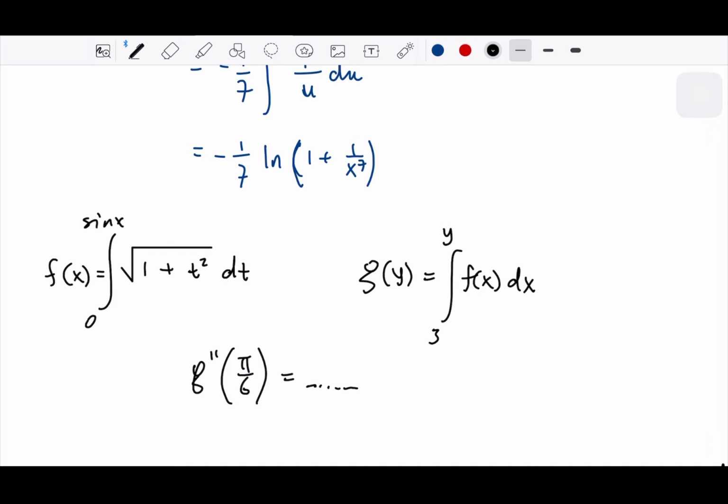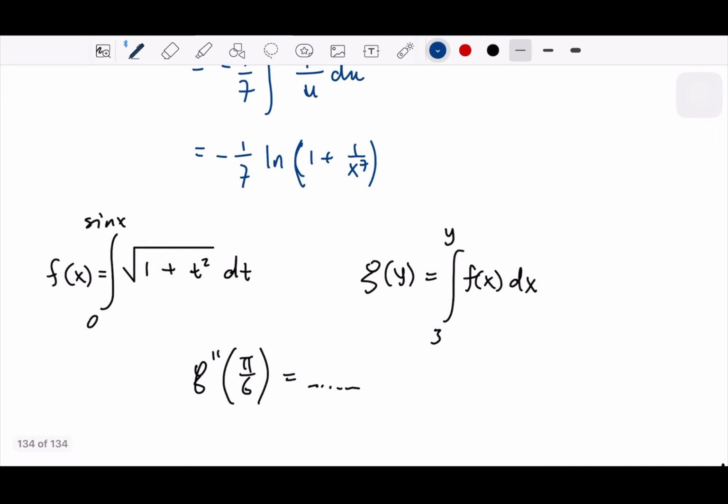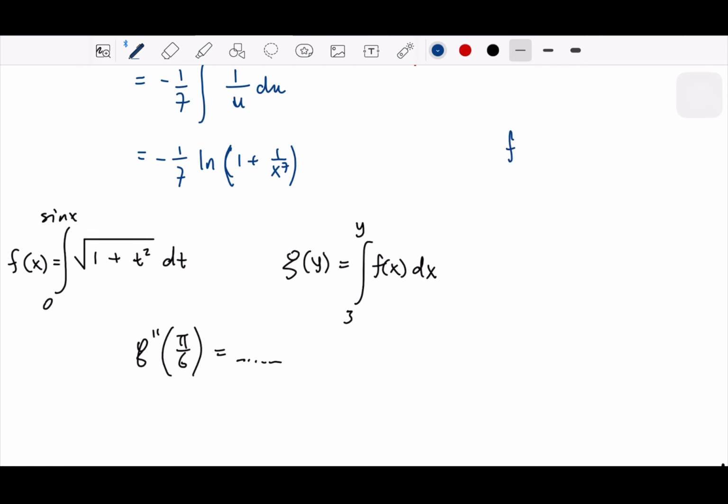The original equation, remember, is that we have f of x, let me just take this f, equal to the integral from a, not 0, of f of t dt.